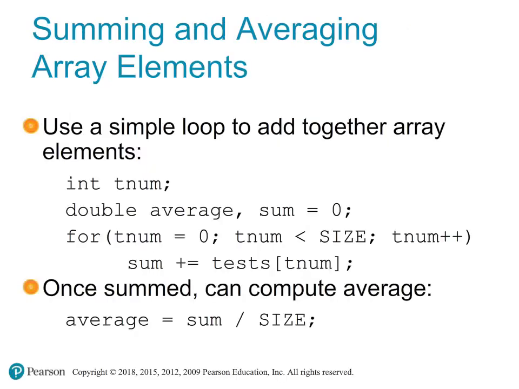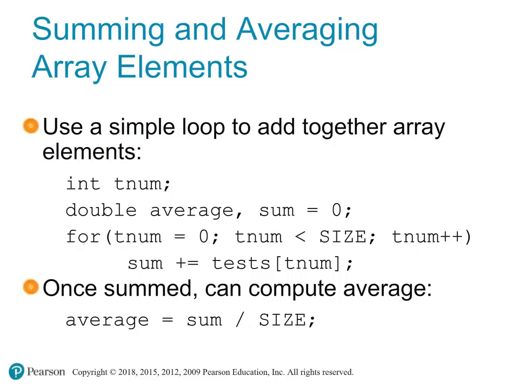To calculate the sum of all elements in the array, we initialize a variable sum to 0. We then loop through each element of the array, adding its value to sum. The loop counter t_num ranges from 0 to size minus 1. Once we have the sum, calculating the average is straightforward. We divide the sum by the total number of elements, which is the size, to get the average.